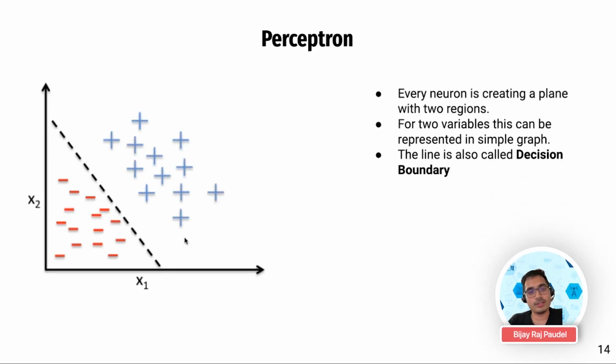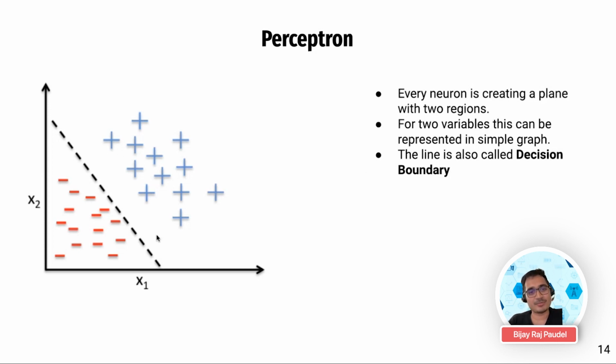So another way to visualize this is every neuron here, every perceptron or neuron is just creating a plane with two regions. So one on each side. And so if we take just two variables, it can be represented by one simple line. If we take three, it will be a 3D graph. And if we take more and more, it will just be a very complicated imaginary graph that you imagine in n dimensions.